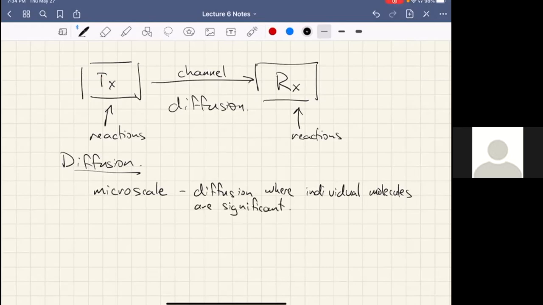So in other words, if you're looking at a system where the scale of the system is such that individual molecules can be resolved and are important as far as modeling the system, then we're going to call that microscale diffusion. And at this scale, what we talk about is Brownian motion. And mathematically, we call it the Wiener process.